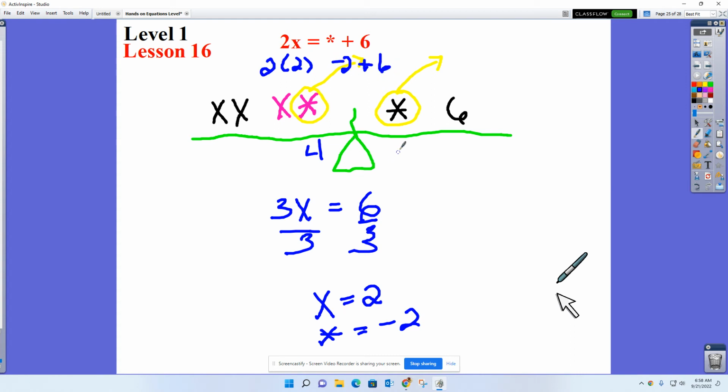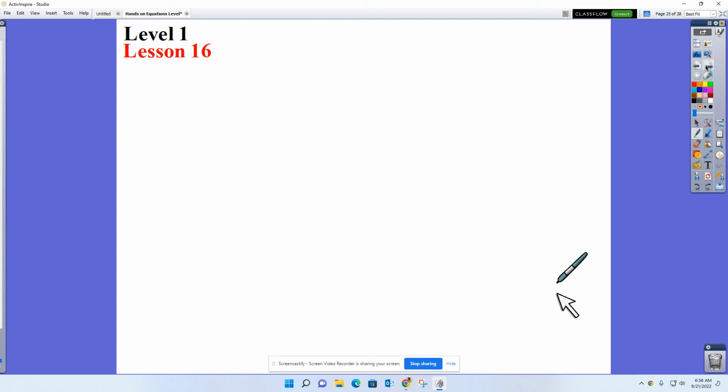And -2 plus a positive 6 is 4. And does 4 equal 4? Yes, it does. So again, all you're doing today for lesson 16, we're not going to use any pieces. We're going to try and solve this on a sheet of paper using just our drawings. So let's go ahead and do a second problem and see how we get an answer.